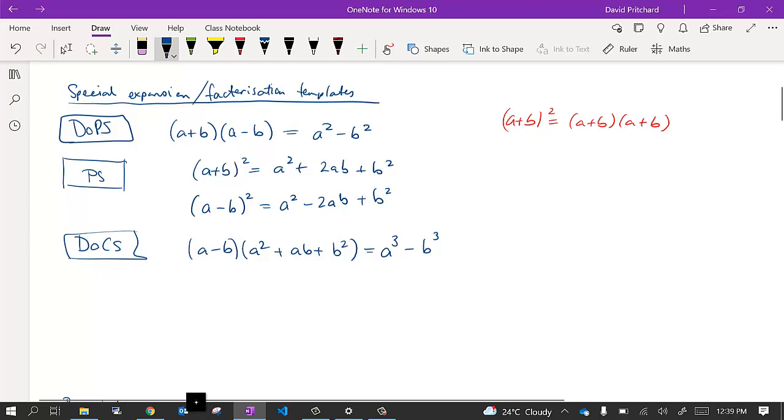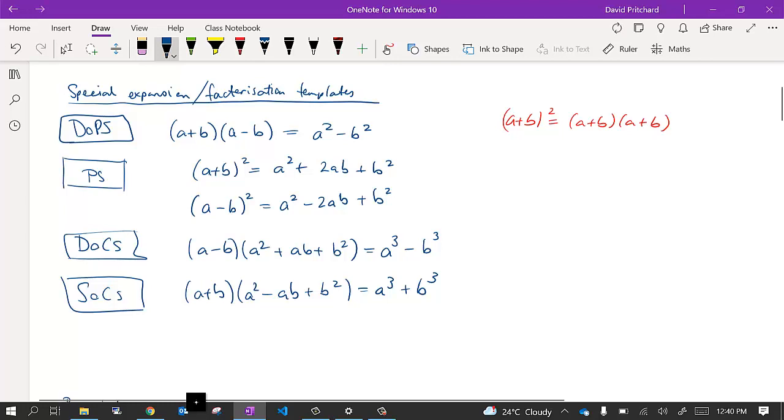It'll turn up in different exercises, and if you know it, it will make your life a lot easier. And the sum of cubes will be a plus b, and then a squared take ab plus b squared. Now, if you're not sure about any of these, you can take any of them and go through that expansion yourself and just prove to yourself that this is a true representation.